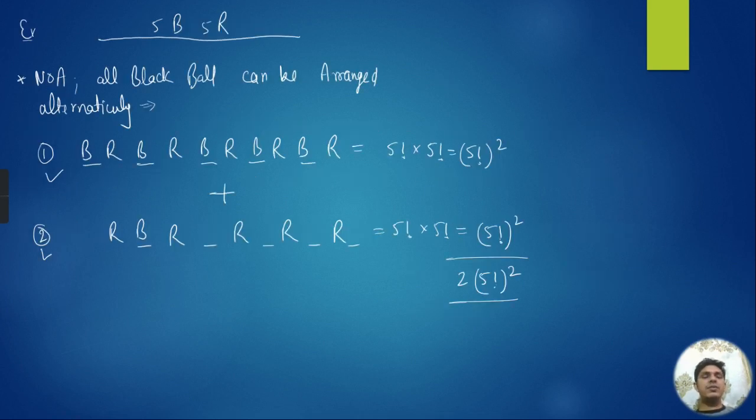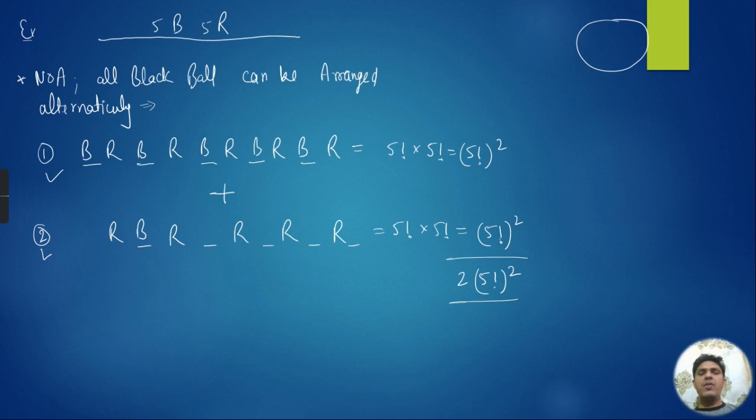Thereafter, we are left with the last thing of today's lecture. We have to arrange 5 black balls and 5 red balls in a circle alternately.